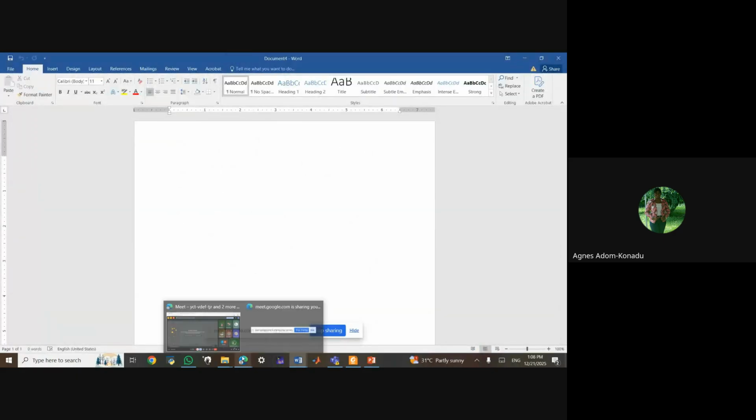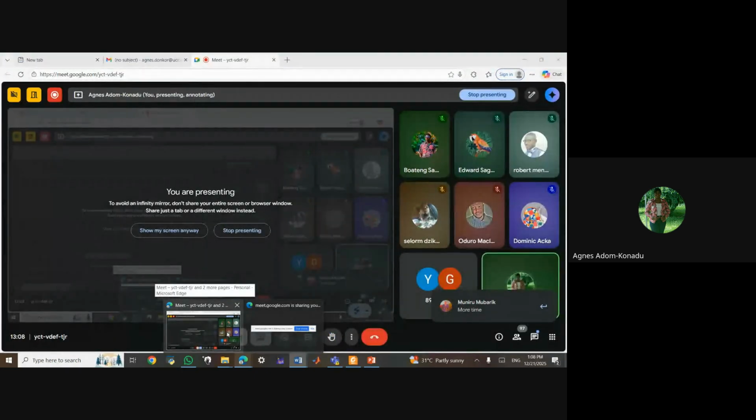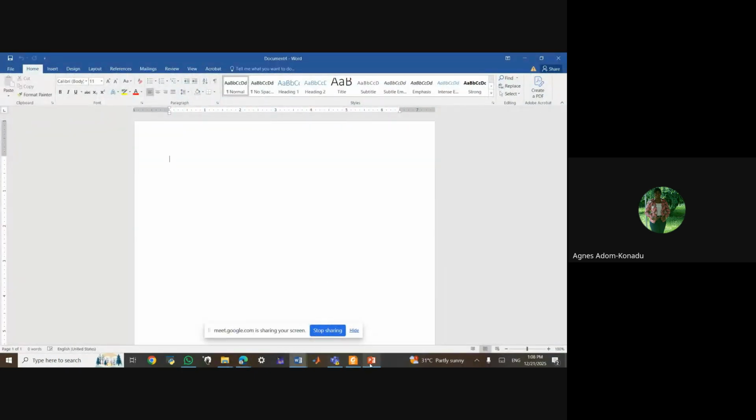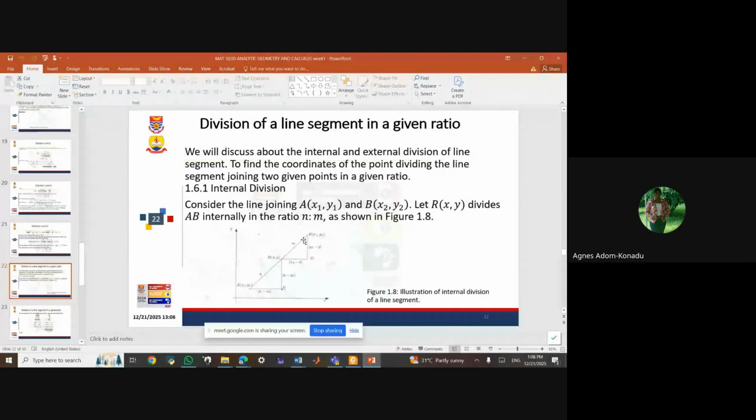Here we know equal division, but now we want to look at a given ratio. So we'll discuss the external and internal division of line segments, to find the coordinates of a point dividing the line segment joining two given points in a given ratio.